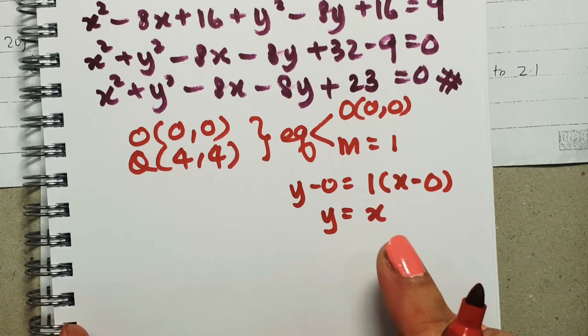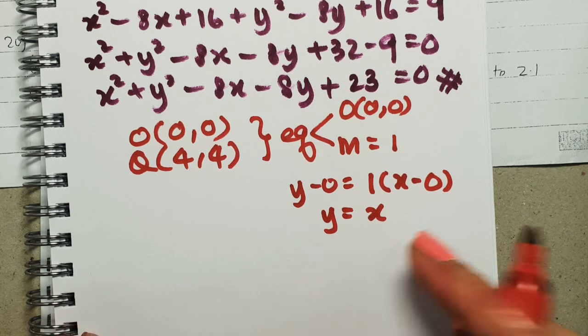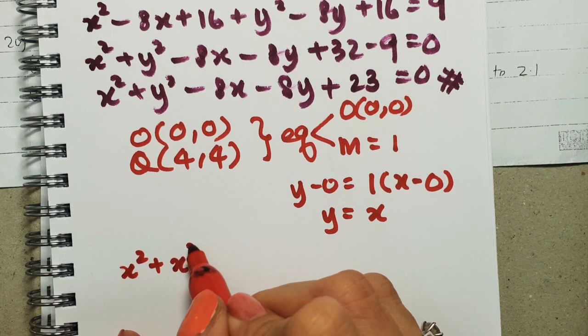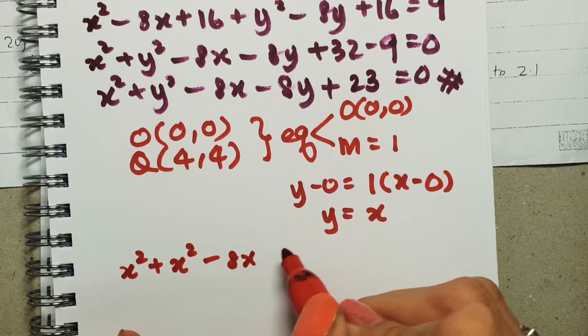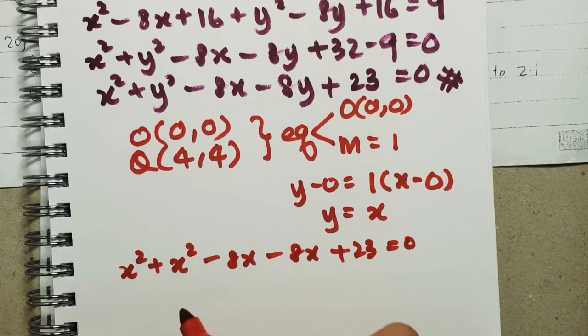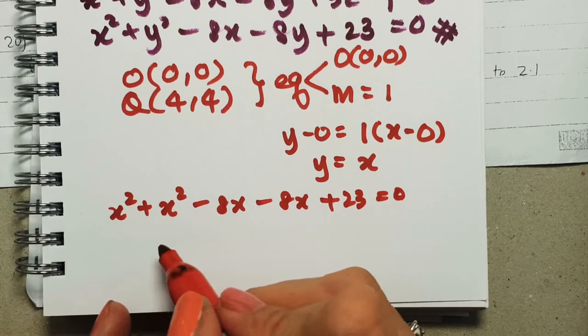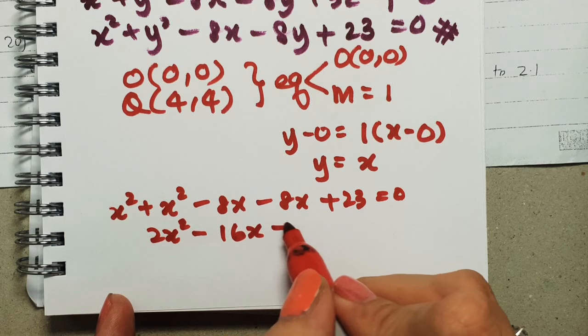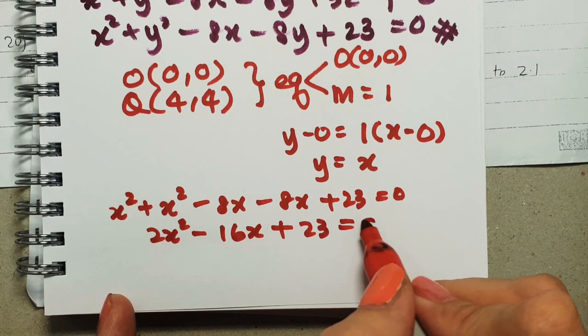Whenever we see the y, we replace it with x. So now it will become x squared plus x squared minus 8x minus 8x plus 23 equals 0. So we will have 2x squared minus 16x plus 23 equals 0.